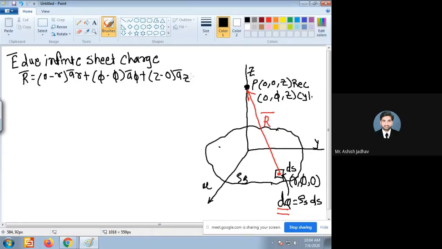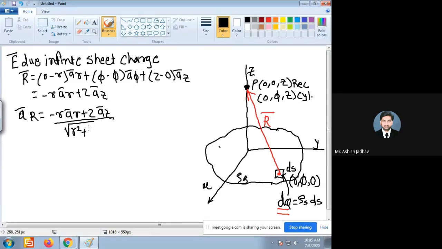So this is the vector. If I simplify this, what vector are you getting? Minus r a bar r plus z a bar z is the vector that you are getting. So from this I would like to write the unit vector a bar r. Unit vector a bar r is equal to minus r a bar r plus z a bar z divided by under root r square plus z square.